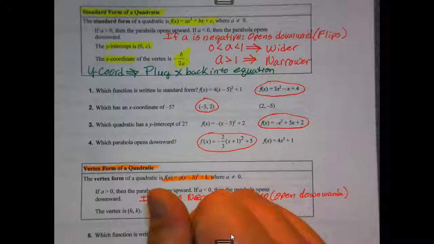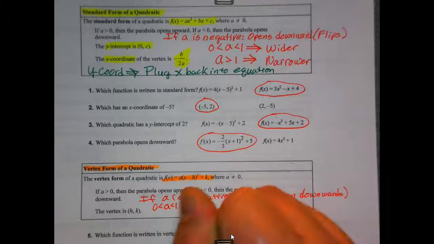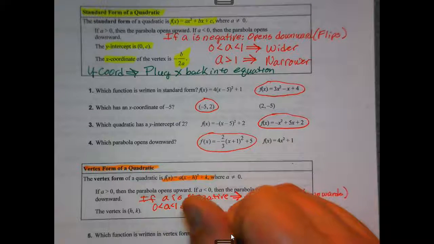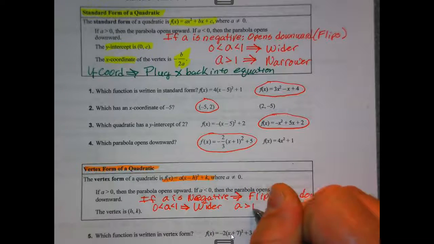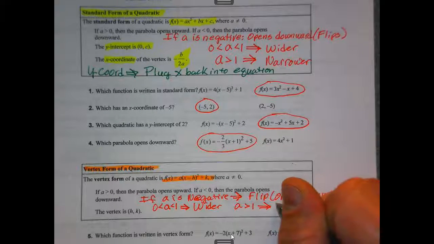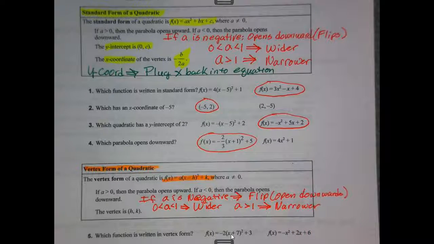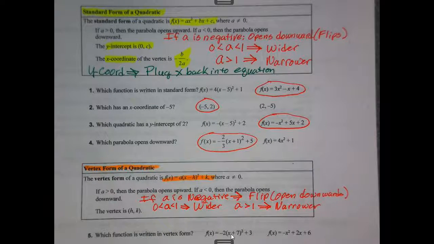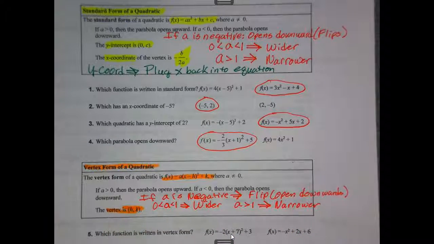If a is a fraction between 0 and 1, it's going to make my graph wider. If it's greater than 1, it's going to do what? That's right, kids. It's going to make it narrower. And in vertex form, our hk is indeed the vertex. What else about vertex form?